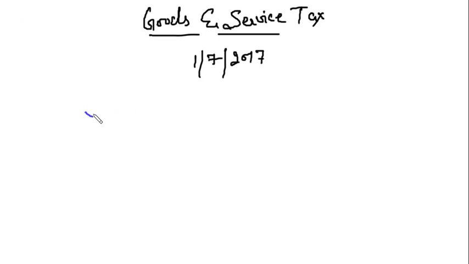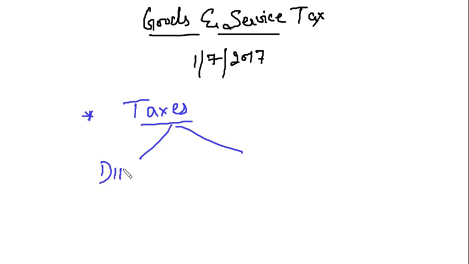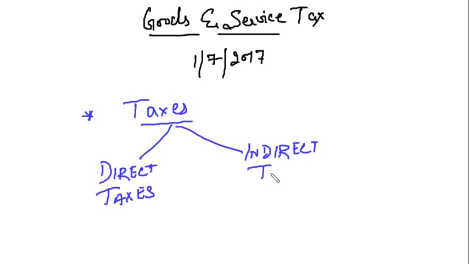Now if I talk of taxes in India, basically we have two types of taxes. One is the direct taxes, right, and the other one is indirect taxes. What are direct taxes?